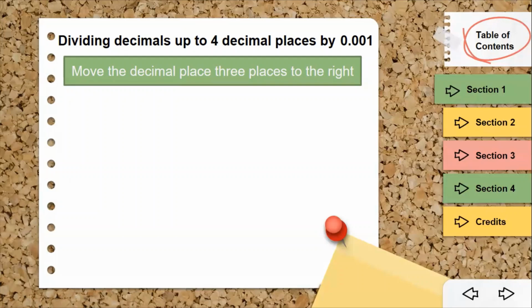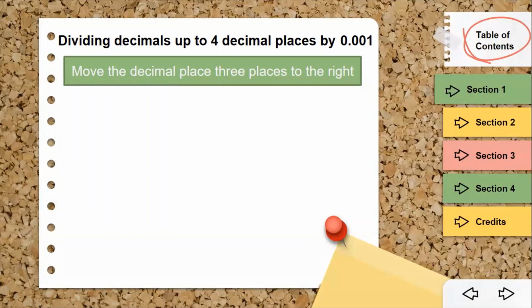Just like what we have discussed a while ago, when we divide decimals by 1/10, move the decimal point 1 place to the right. When we divide our decimals by 1/100, we move 2 places to the right. Now this time, if we divide our decimal by 1/1000, we're just going to move the decimal point 3 places to the right.